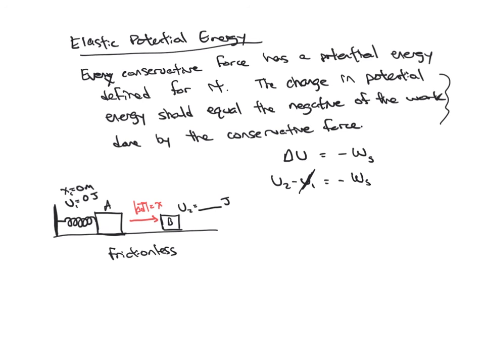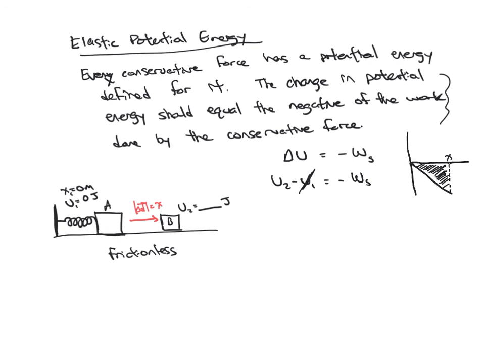The thing about a spring is that the force varies. The more you pull it, the stronger the force is, and it makes a linear function. So the work done by the spring is actually calculated by this area here, where on the x axis, this is x. This is how much we pulled it by.